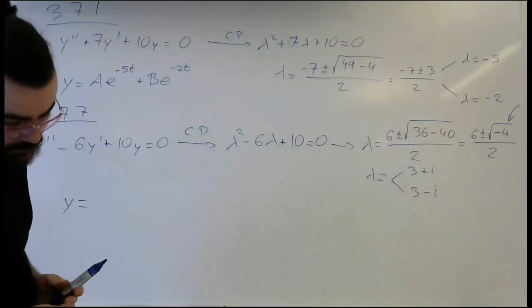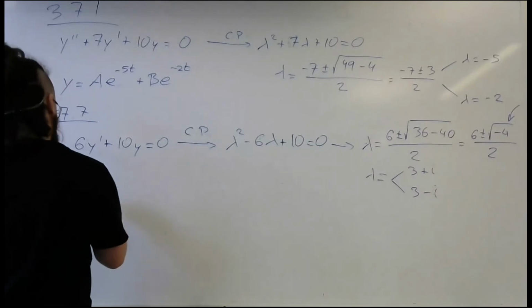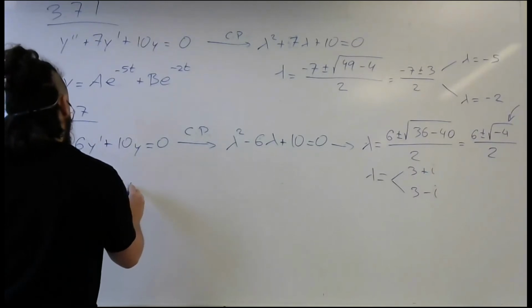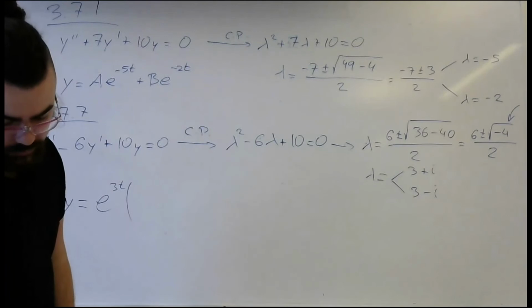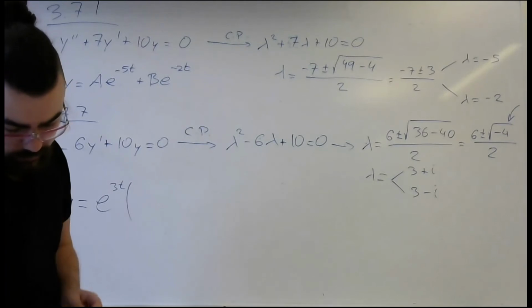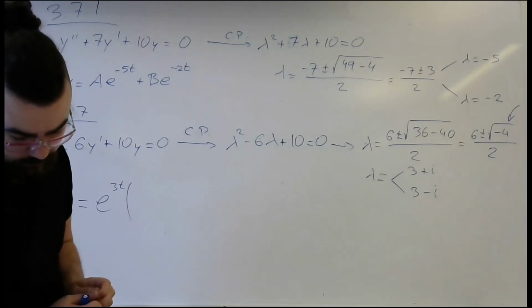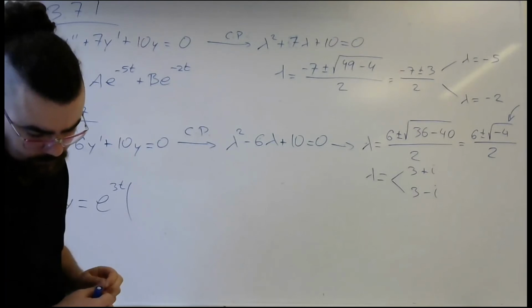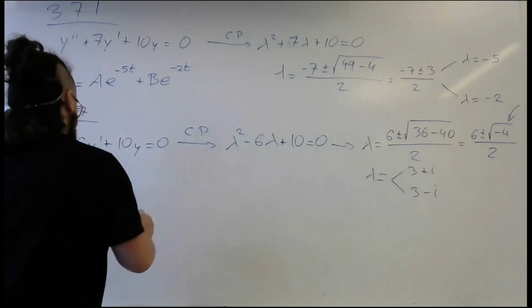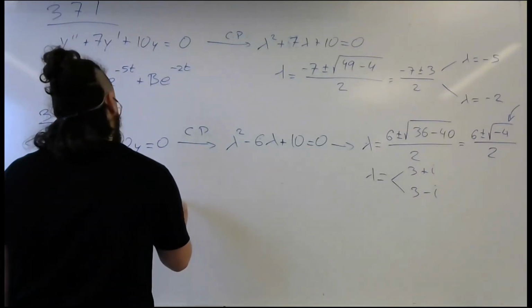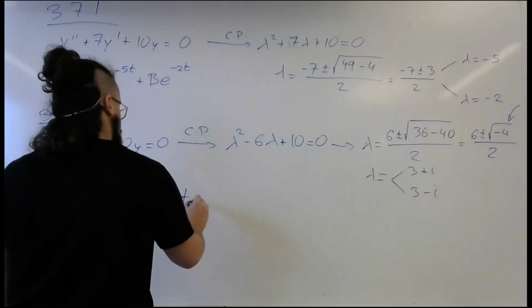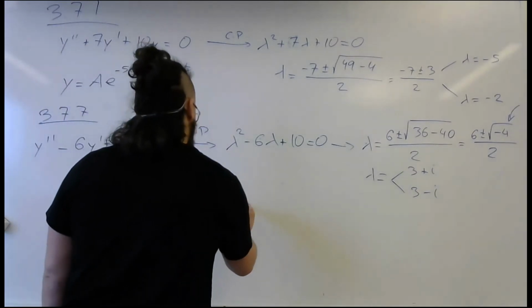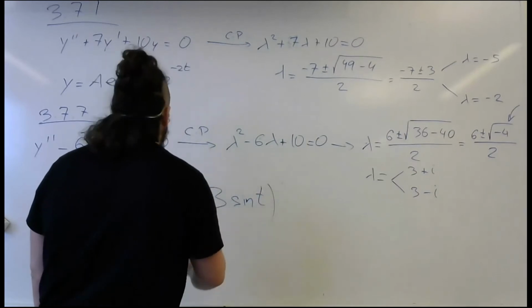So this is e to the power 3t, a cosine t plus b sine t.